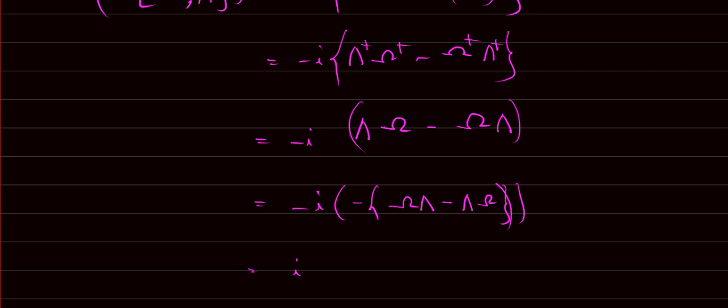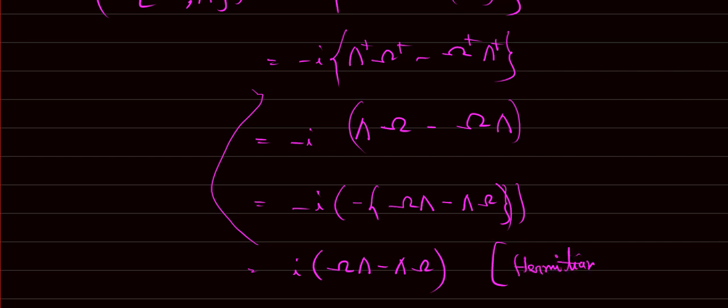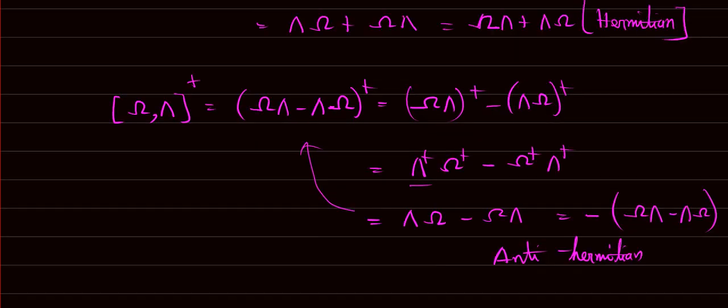This minus and minus gives us I. So it is equal to the initial one, so this is also Hermitian. This was the definition and some examples of Hermitian operator and anti-Hermitian operator.